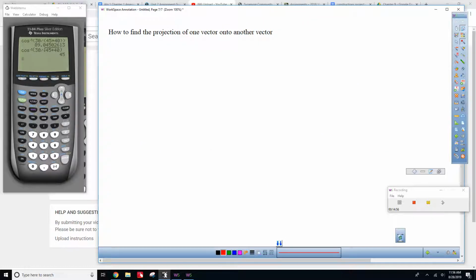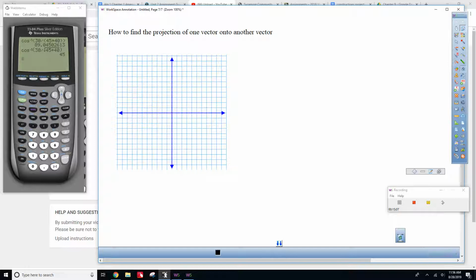Finding the projection of one vector onto another. Let me start by just explaining to you what this looks like. If you had some vector here, and then you had another vector like this, this one would be U and this one would be V. Now let's say we had a flashlight that was shining from above.